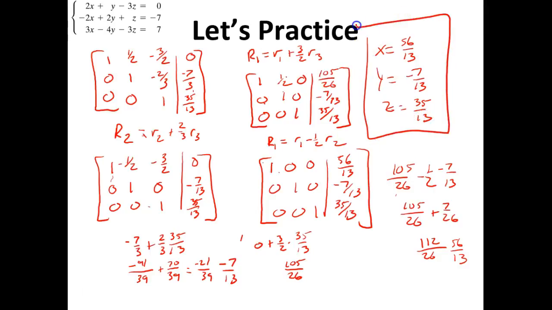Yes, do realize that these can take a lot of work, but by simplifying it so that we're only using the coefficients out front at least saves us some of the headache. And this set of solutions should work in this set of equations over here.